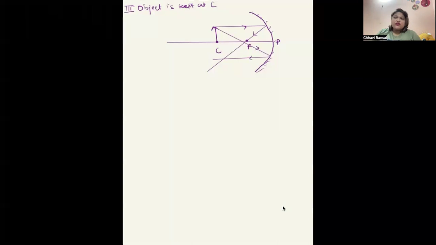Because these are not measured with the scale. If you do it with the scale, you will get the exact result. So you will see the image will be formed at point C only. Okay, let me retrace it.